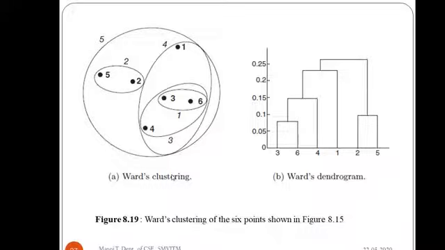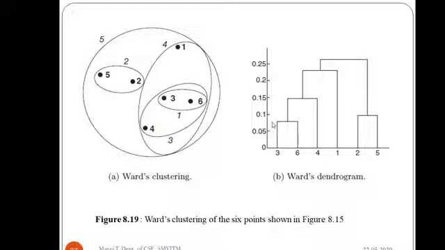The only change here is that you need to compute the distances based on the centroids of the respective clusters, and based on that you measure the similarity and combine. That is what we do in Ward's method.